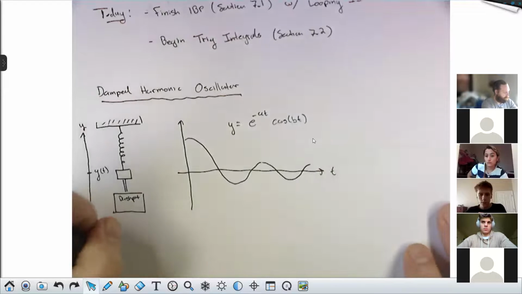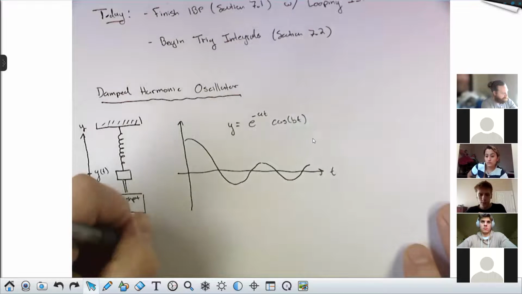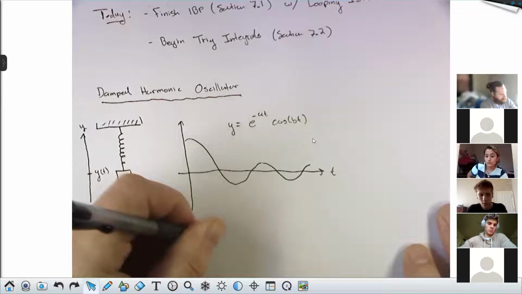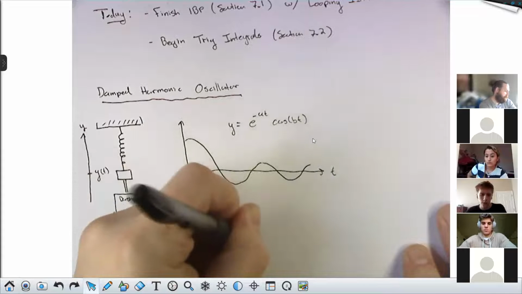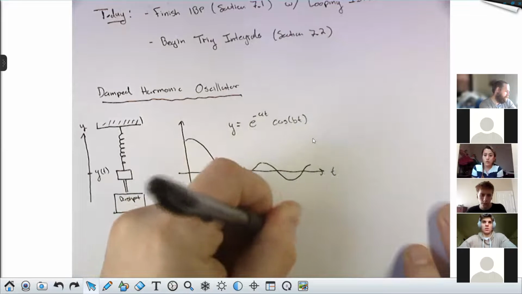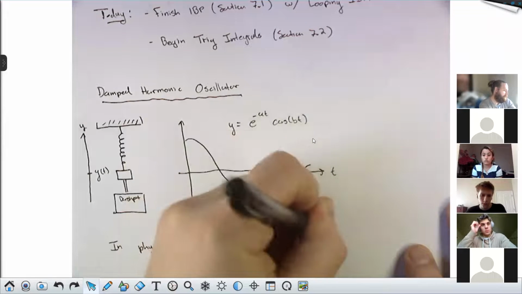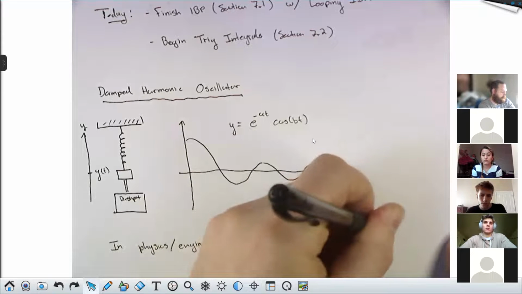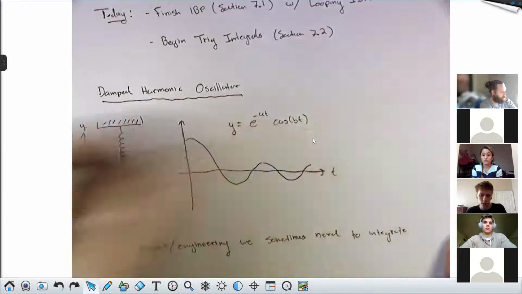So in physics and engineering, we sometimes need to integrate functions like these.